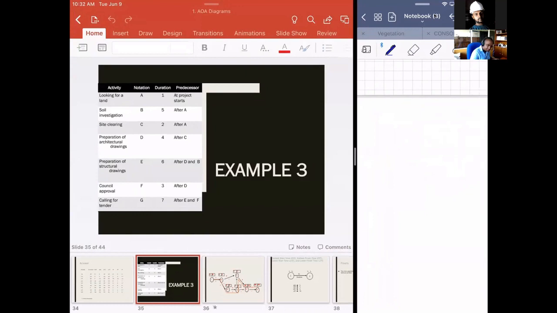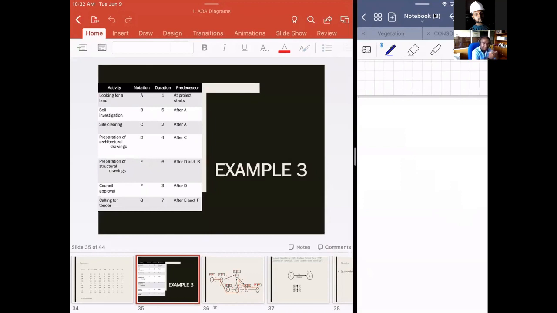After A, after C, after D and B, after D, after E and F. So you have to understand that there are some constraints here. From A, we should have two arrows, because after A, they are in two places.